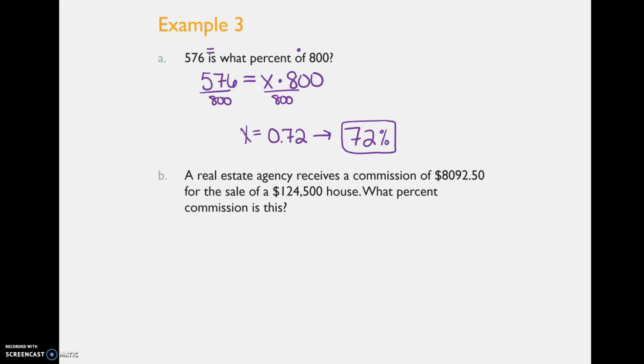A real estate agency receives a commission of $8,092.50 for the sale of a $124,500 house. What percent commission is this? So, let's do this right. $8,092.50 is what percent of 124,500?